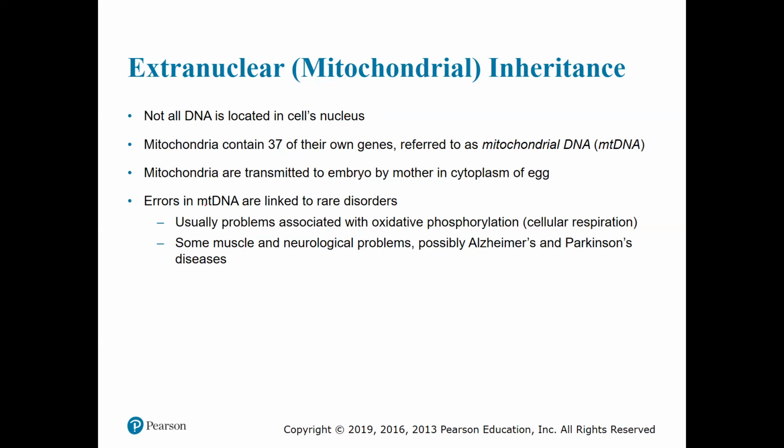Errors in mitochondrial DNA are rare disorders. These would be your zebras. You can see issues with cellular respiration and oxidative phosphorylation. You could also see issues with maybe Alzheimer's or Parkinson's disease, so inheriting some things that could increase your risk, leading to muscle, neuromuscular, or neurologic problems later in life. So those are really the two areas where you could see problems with mitochondrial DNA, but they are more rare in regards to these inheritance patterns.